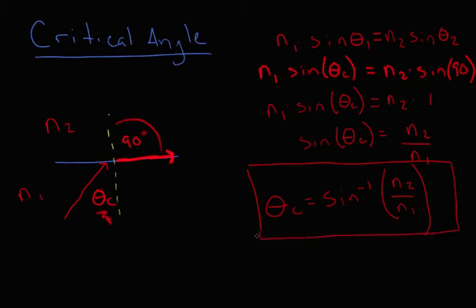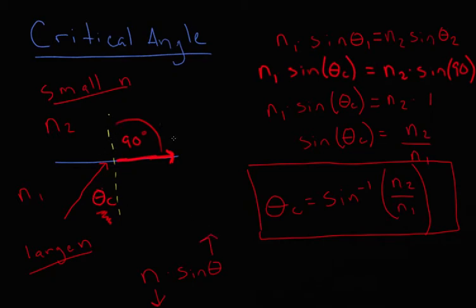Okay, so this is our formula right here for the critical angle. Now what's important about n2 and n1? Well, n1 needs to be a large n compared to n2, which needs to be a small n. Because if you have n times the sine of your angle, if your index of refraction goes down, like it did here from a large n to a small n, then your angle is going to have to go up.